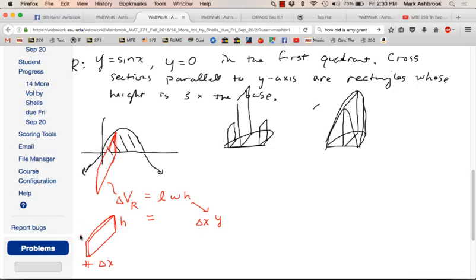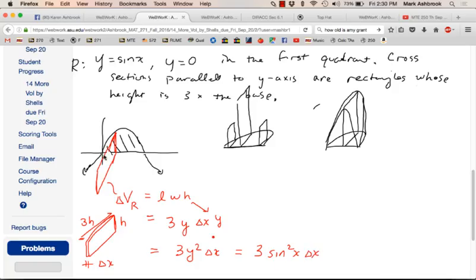And then what's the length? What's this dimension? 3 times the height, which we know is 3y. So we have 3y squared delta x, but we need to write it in terms of x, so it's going to be 3 sine squared x delta x.